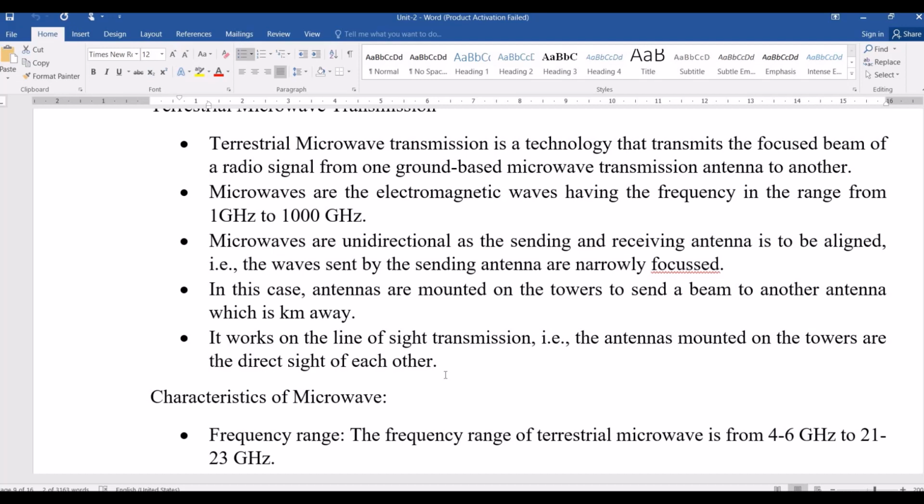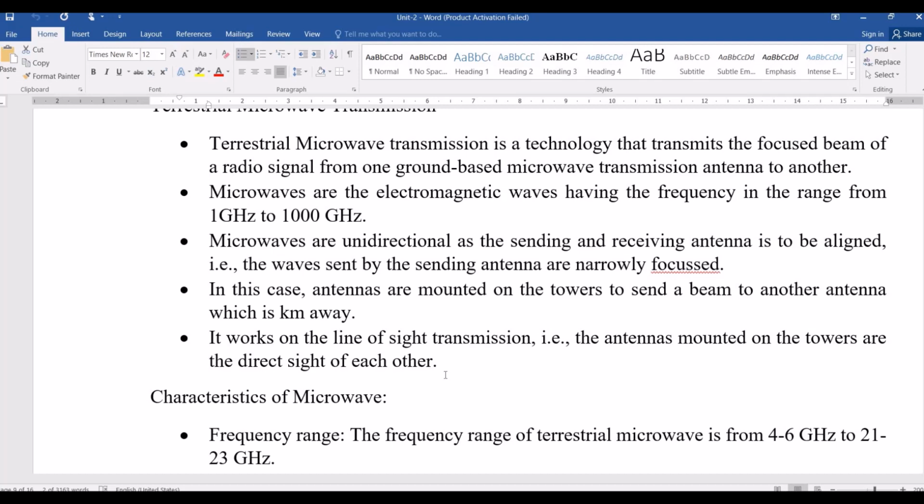Microwaves are unidirectional, as the sender and receiver antennas have to be aligned. The waves sent by the sending antenna are narrowly focused.